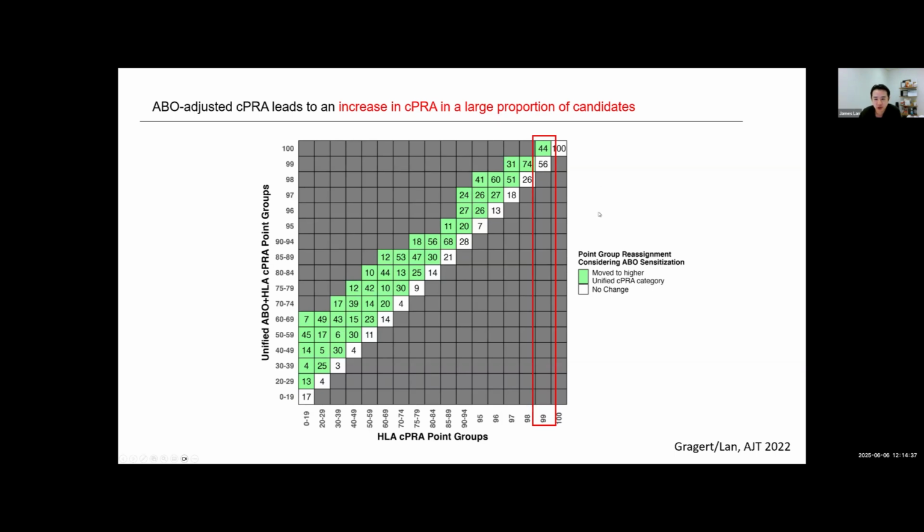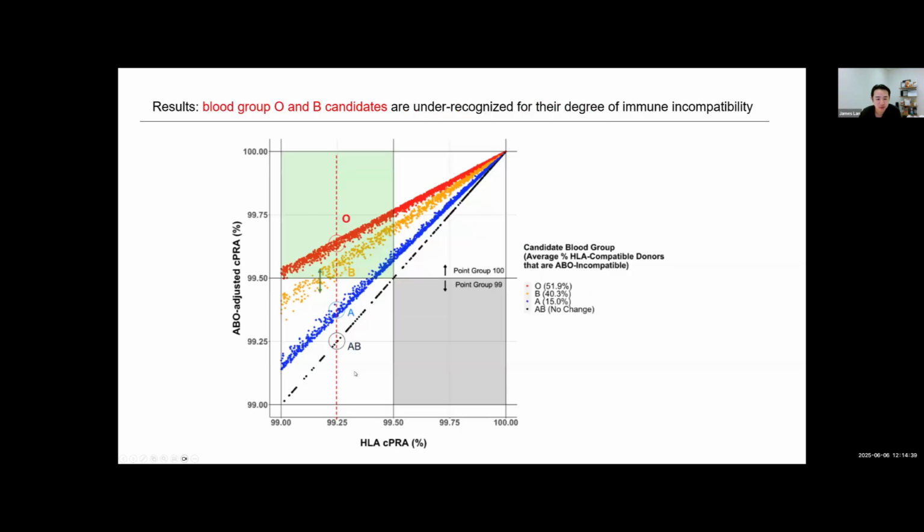What's the implication of this? The implication is that depending on the patient's blood type, their level of correction is different. So if currently all the patients were 99.25%, with ABO adjustment, the majority of O and B candidates would actually be crossing the threshold of 99.5% and be considered 100%.